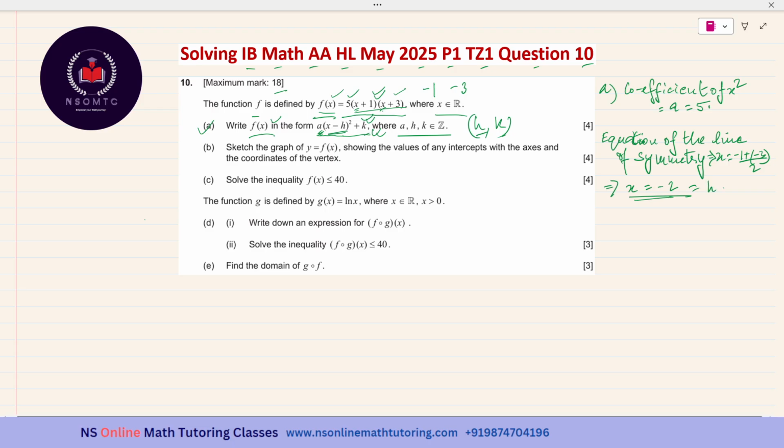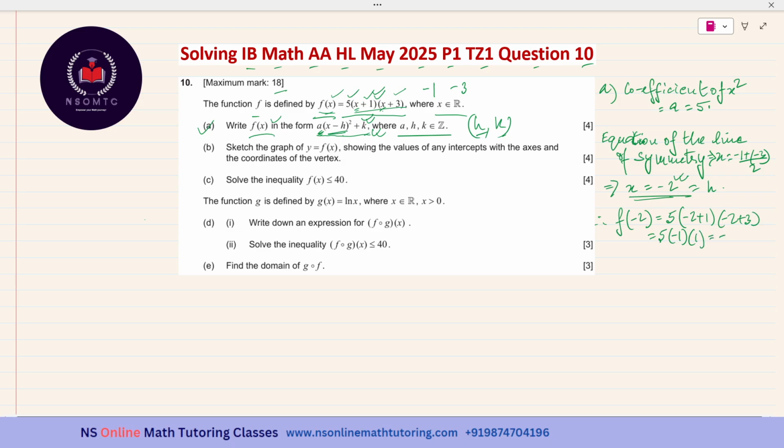And if we substitute this value in this expression, the value that we'll be getting for f of x or y will be the y coordinate or k. So therefore, f of -2 should be equal to 5 times (-2 plus 1) and (-2 plus 3). So this is equal to -2 plus 1 is -1 and -2 plus 3 is +1.